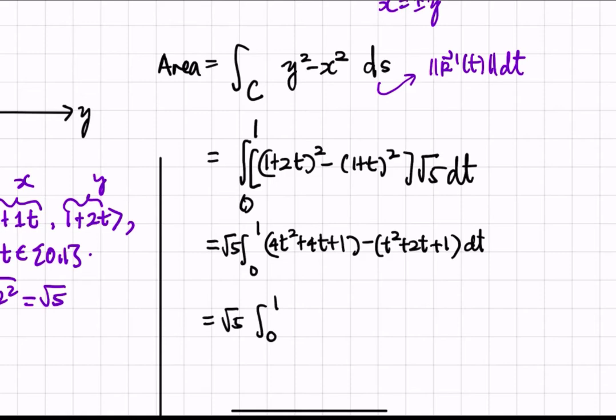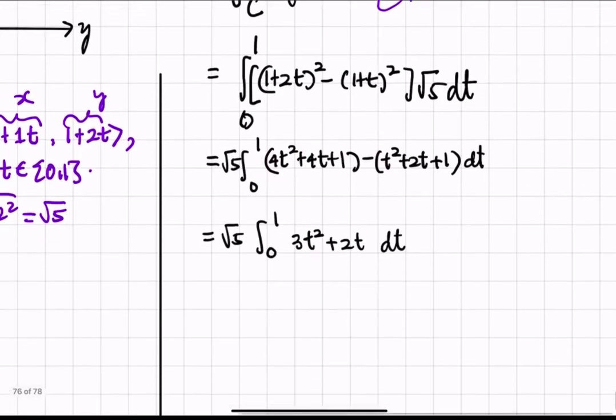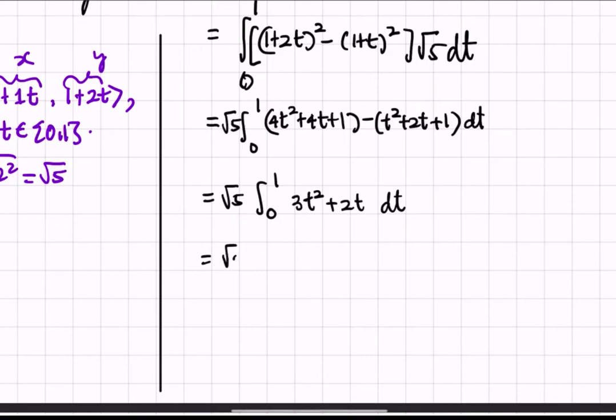Let's simplify. 3t square. This minus this is 2t. Square root of 5, let's integrate. So, t cube plus t square, t from 0 to 1. Let's plug in the t values. When t is 1, we get 1 plus 1 which is 2.